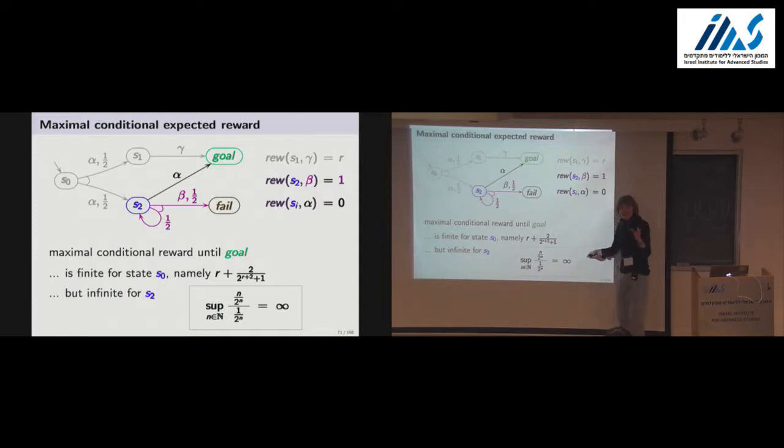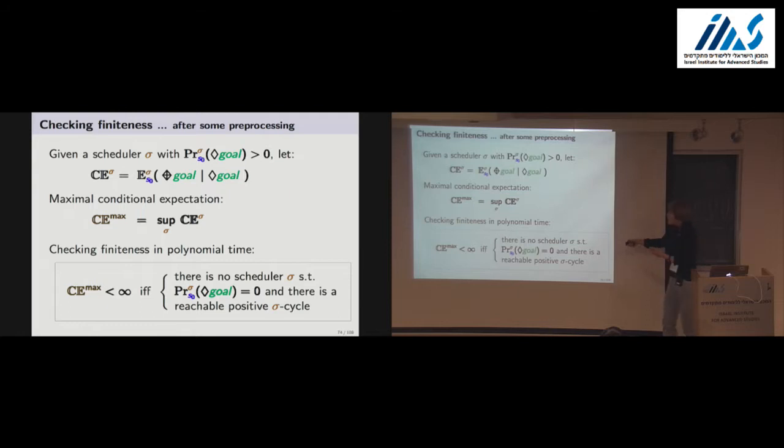So you can take this loop as long as you want, and from then on you move to goal. And that's the way you can increase this conditional expectation as high as you want. So this explains that if this condition is violated, then this one here must be infinite.